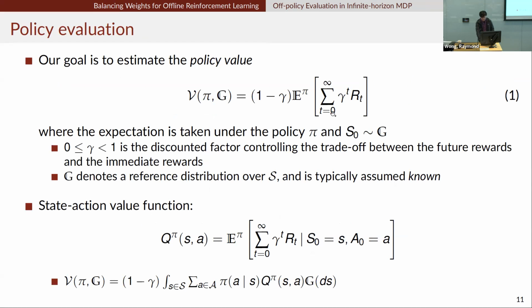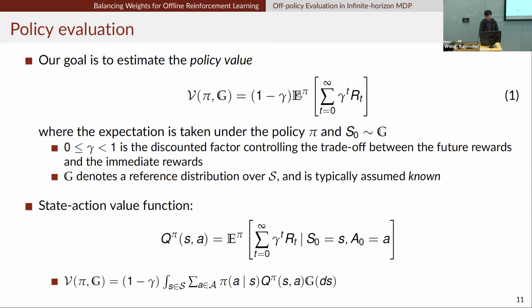If you look at this definition, you can see that it is essentially just an expectation of the discounted sum of rewards. We scale it a bit here, but that's not very important. Here gamma is the discounting factor. This controls the trade-off between the emphasis on the future and the immediate rewards. If gamma is closer to 1, then the value will put more emphasis on the future rewards.